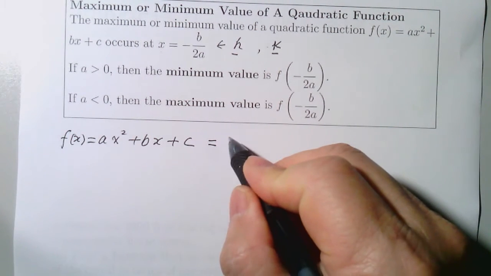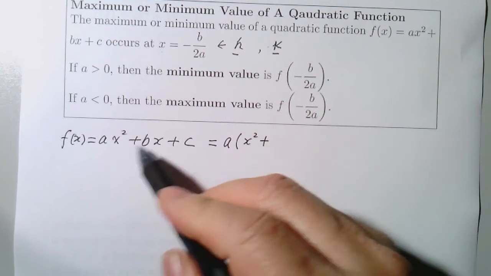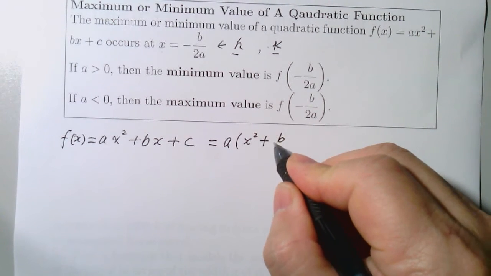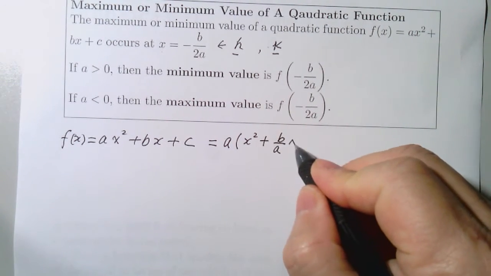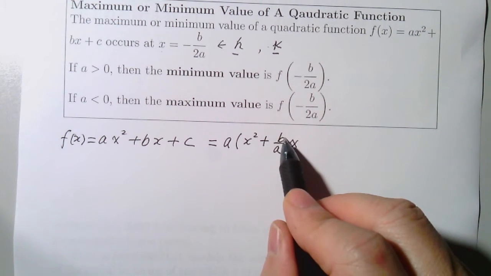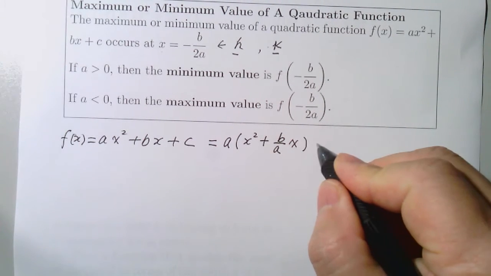So we factor out a, and I get x squared plus b over a times x. If you multiply back, you can see the a reduces and you get back to the bx, and plus c.